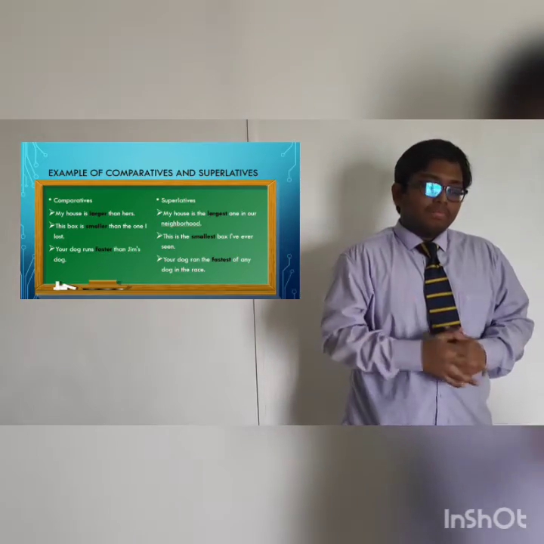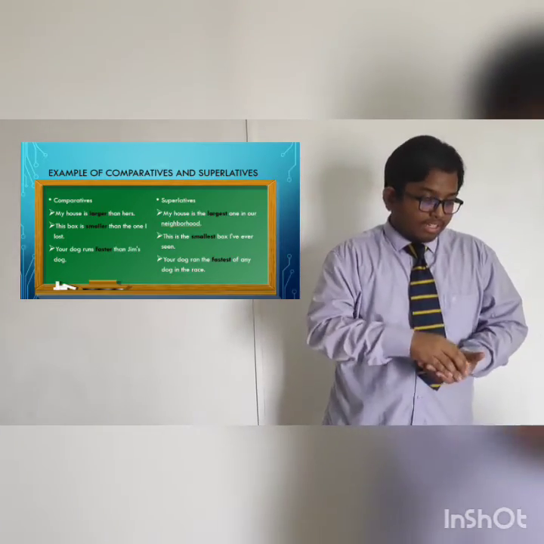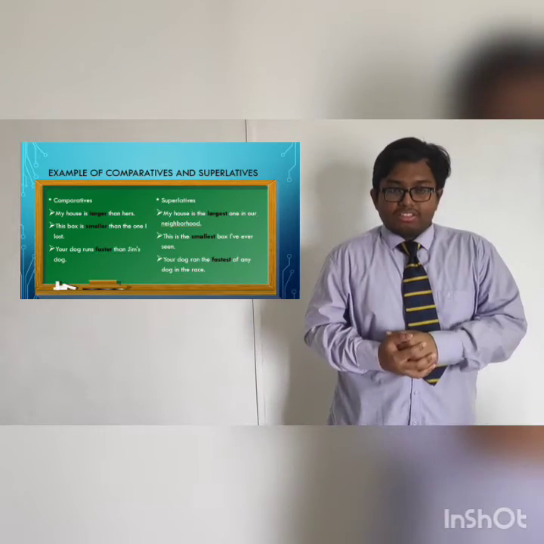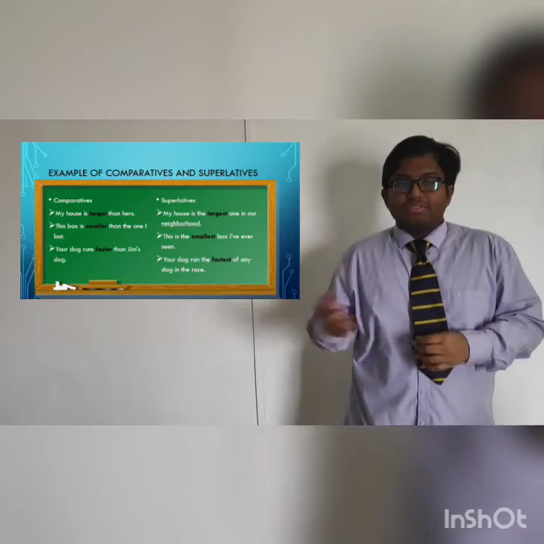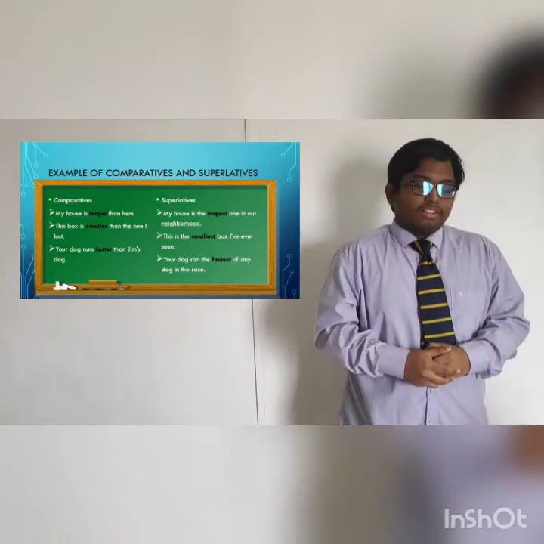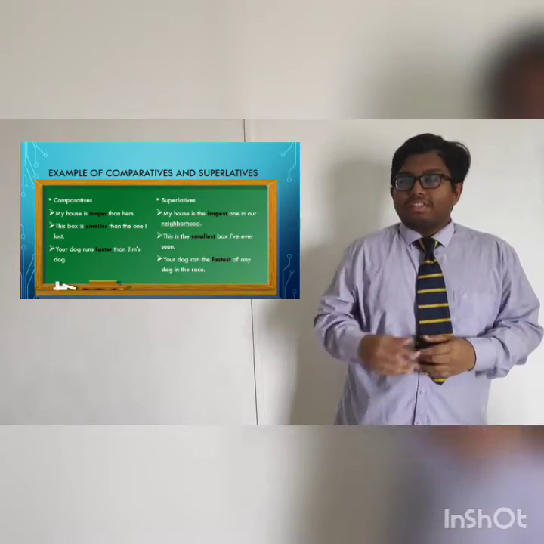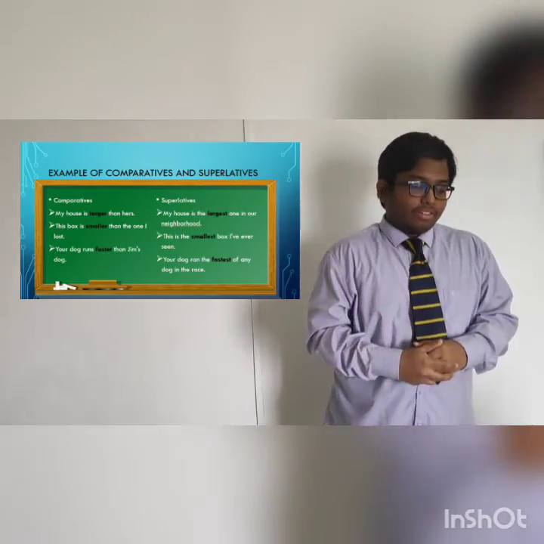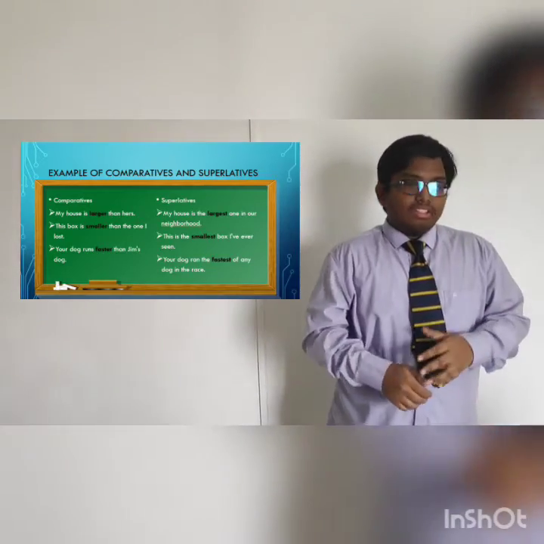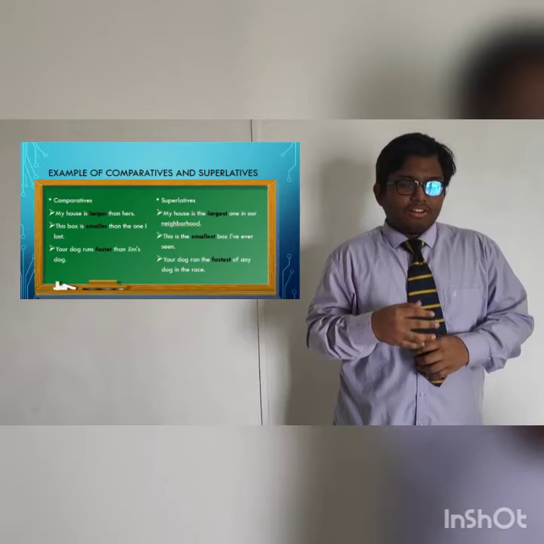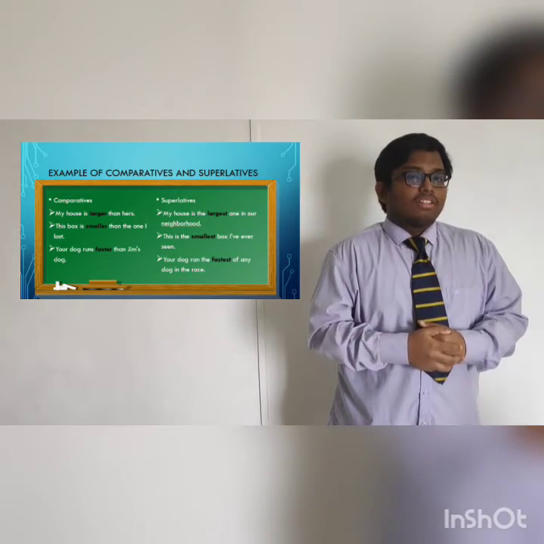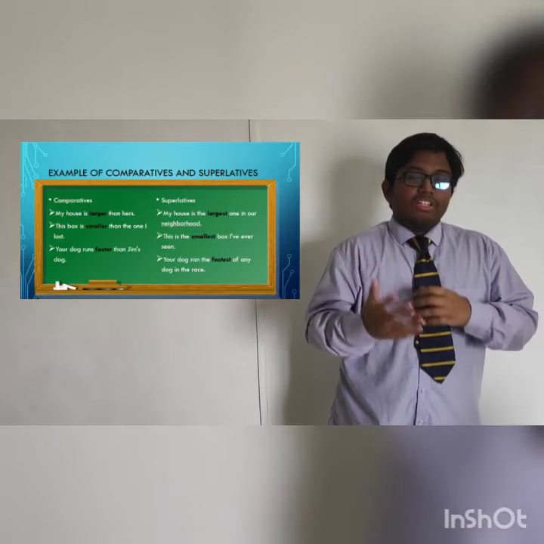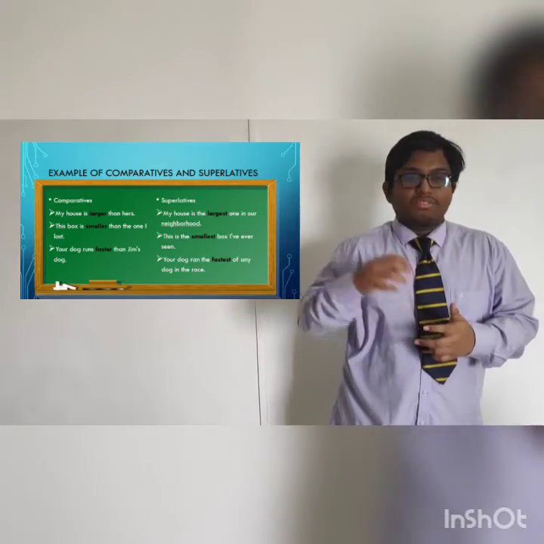For the second example, this box is smaller than the one I lost. Can you guess what the comparative is? Okay, very good. The comparative is smaller. As for example number 3, your dog runs faster than Jim's dog. The comparative is faster.